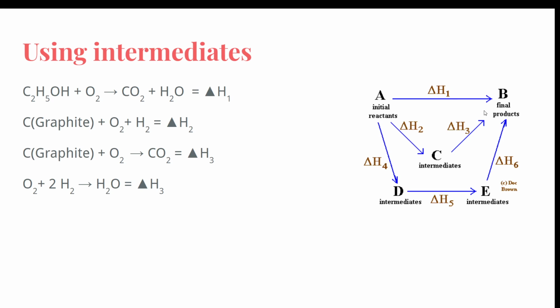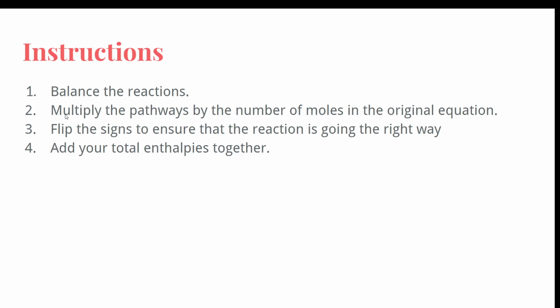And water is also part of this because it's going from its elemental state to a final state. Notice that here, for all of our products, for H2 and H3, we are using elementals to solve it. These right here are going to be our instructions for how we do it.